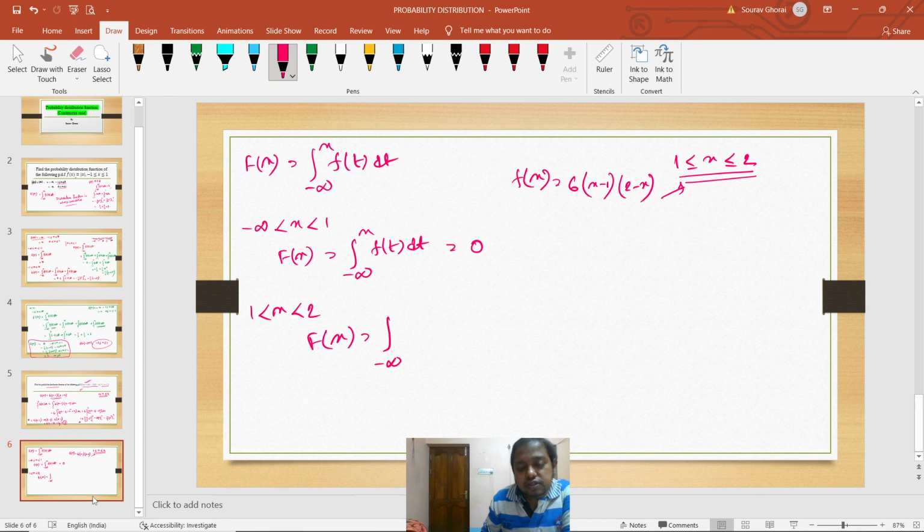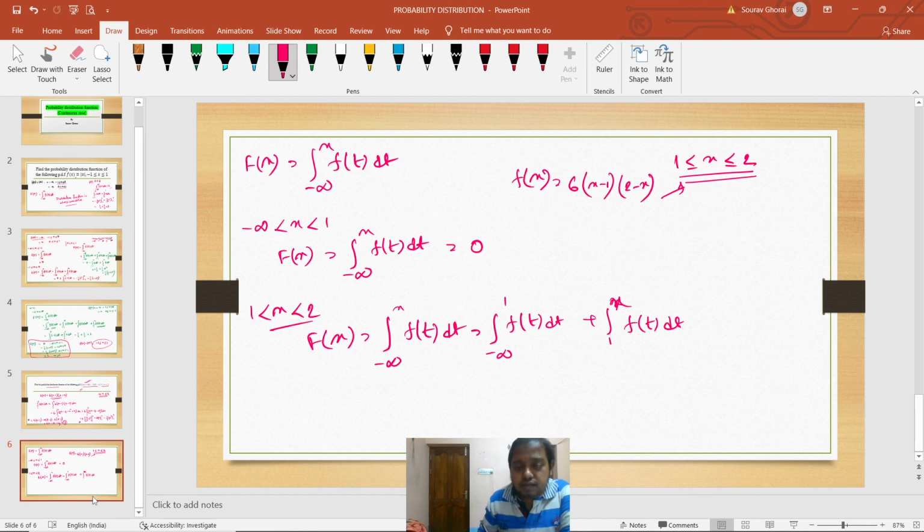Now if we take the region 1 less than x less than 2, this will be the integral from minus infinity to x of f of t dt, and we know that the distribution function is cumulative, so here we can write the integral from minus infinity to 1 of f of t dt plus the integral from 1 to x of f of t dt.